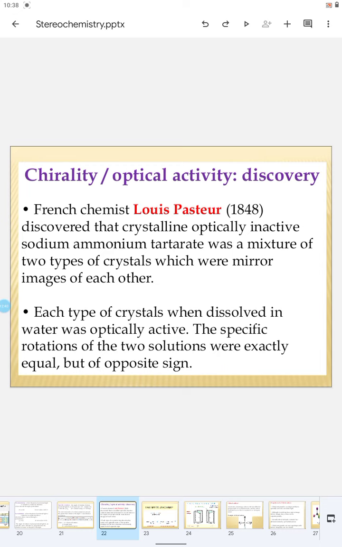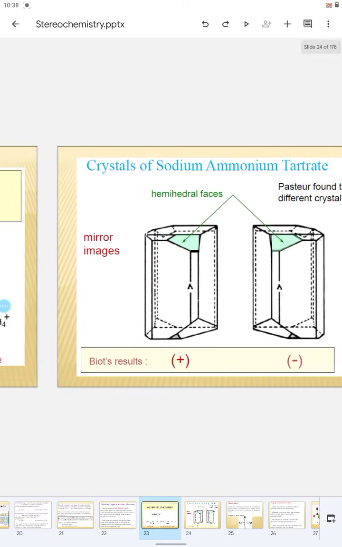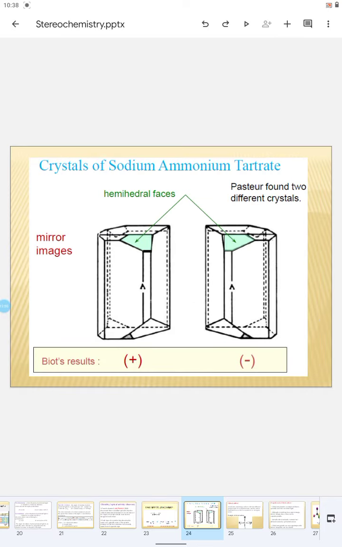The specific rotations of the two solutions were exactly equal but of opposite sign. Louis Pasteur discovered sodium ammonium tartrate as crystals of plus and minus.